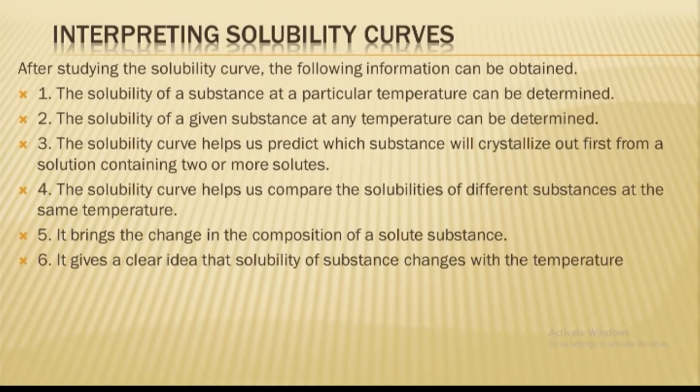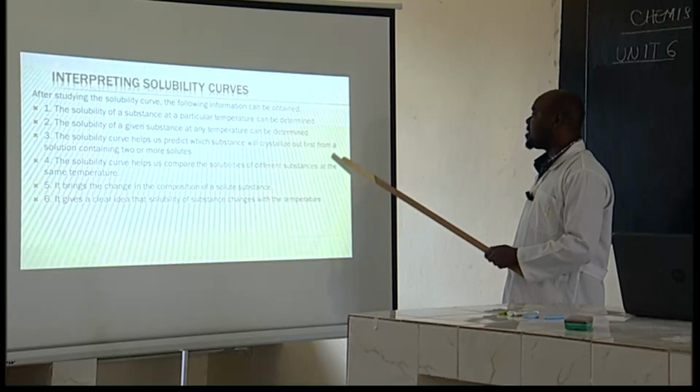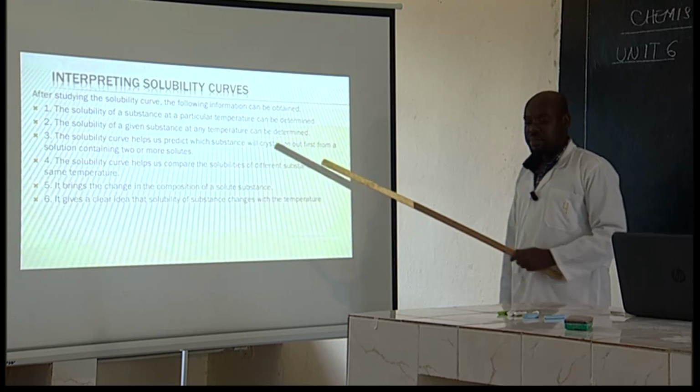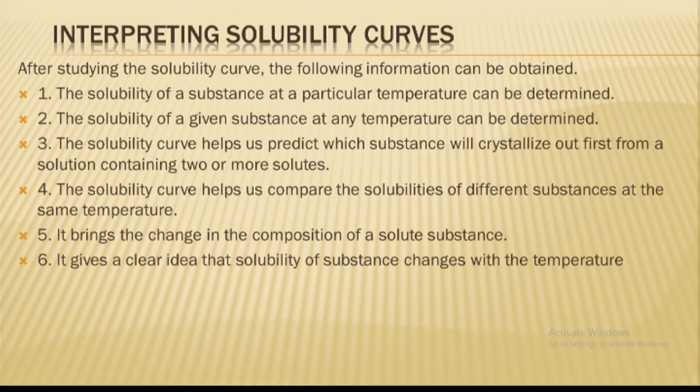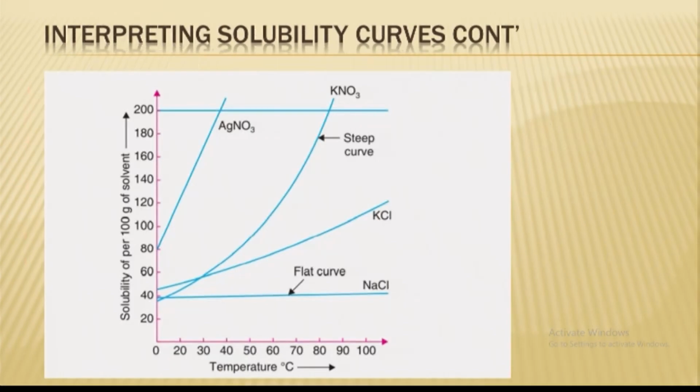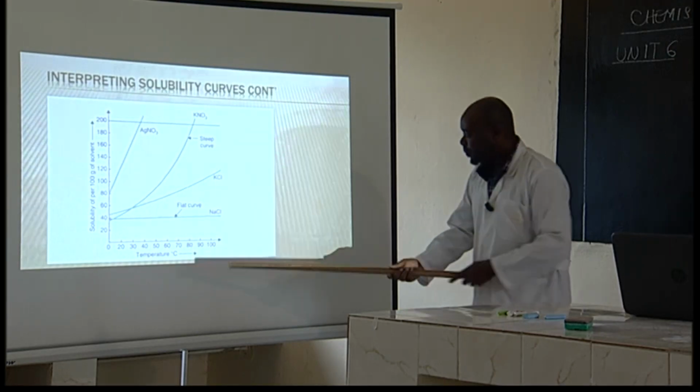Number 4, the solubility curve will help us to compare the solubilities of different substances at the same temperature. If we have 2 substances like potassium chloride and potassium nitrate, let us consider the 2 substances at a temperature of 50.